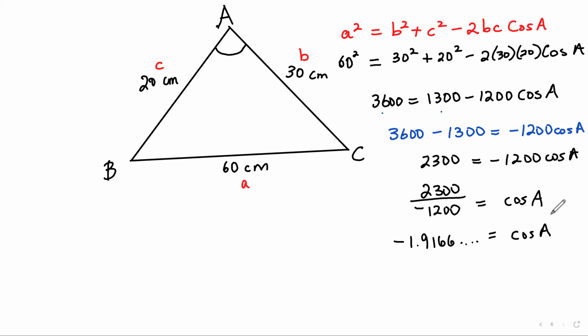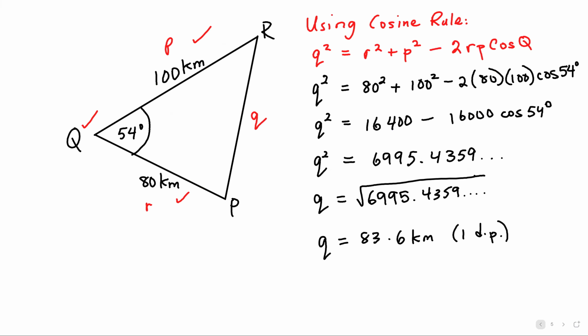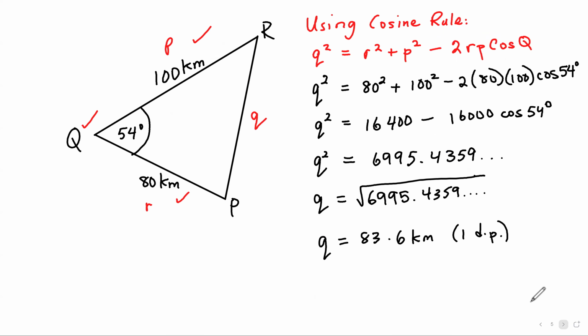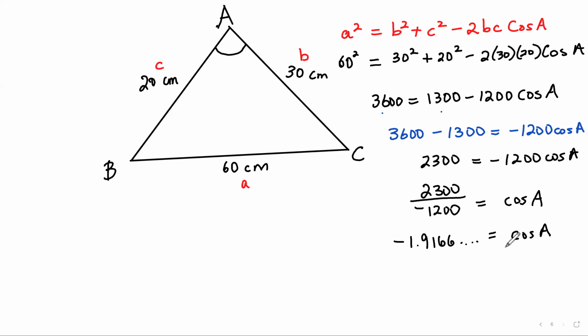And just like when we were finding the angle using regular trig, where you had to use the inverse function, you have to use the inverse function with the cosine rule as well, because you're finding an angle. So therefore, A would be equal to the cos inverse of negative 1.91666, whatever.